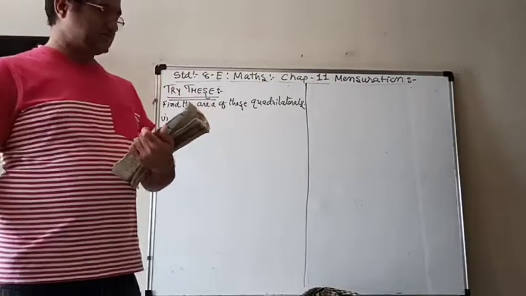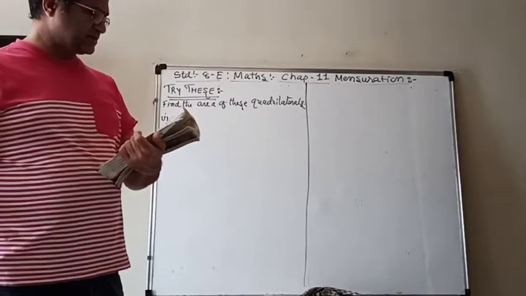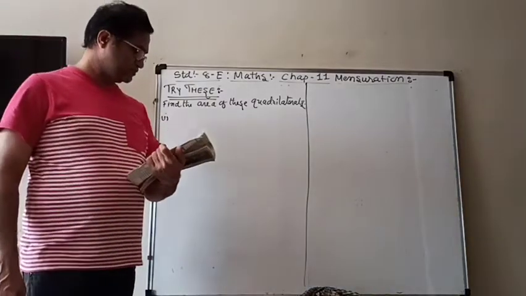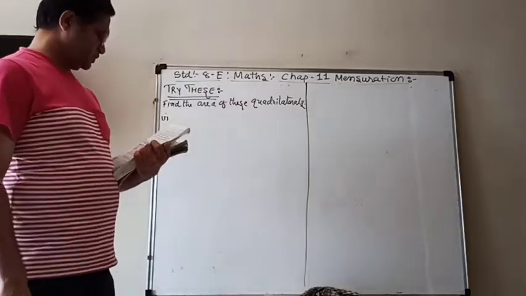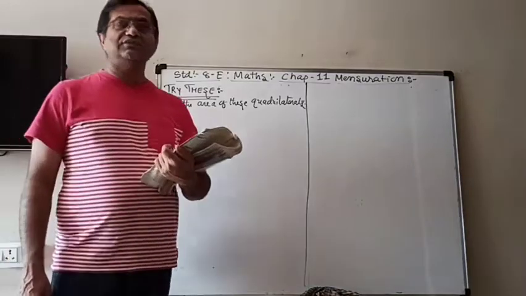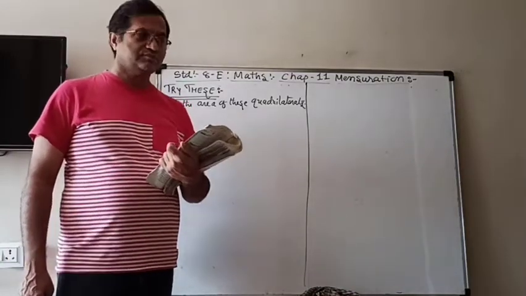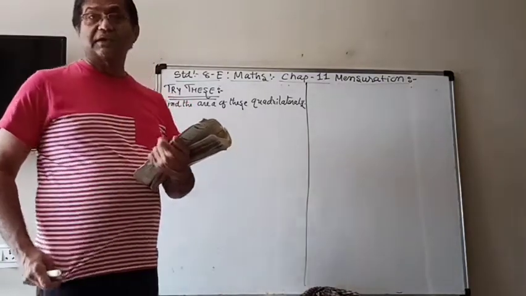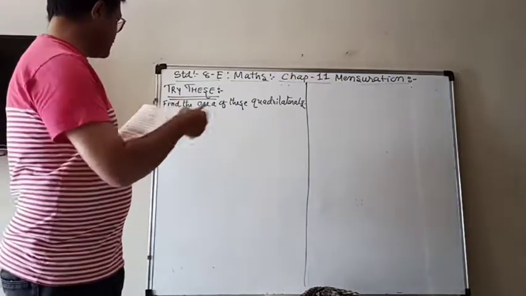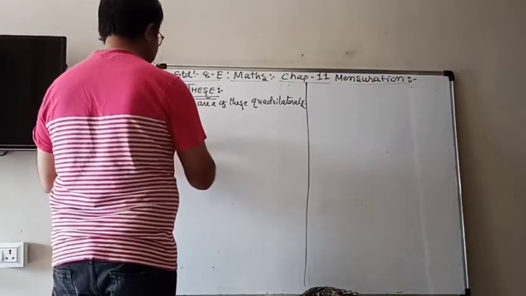Now let us do some examples in the try this also, in which three different figures are given with some measurements. We have to find the areas. First one is a general quadrilateral.